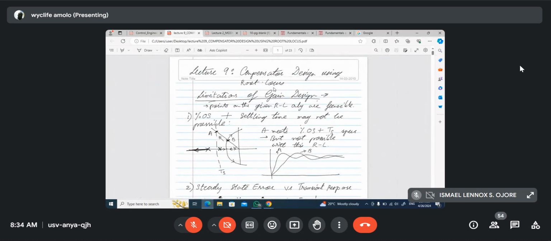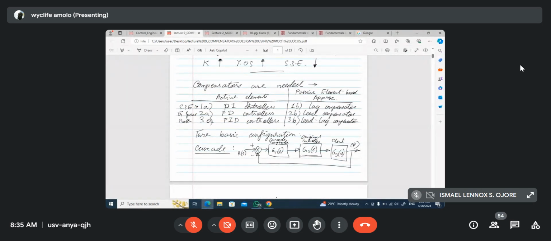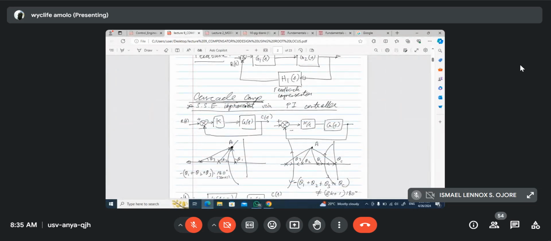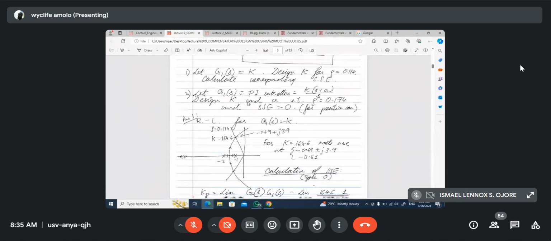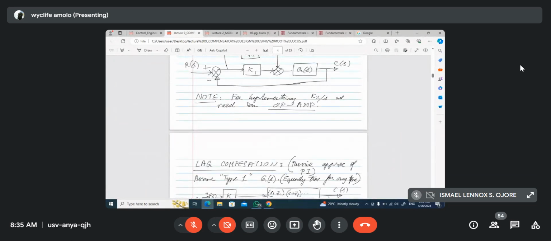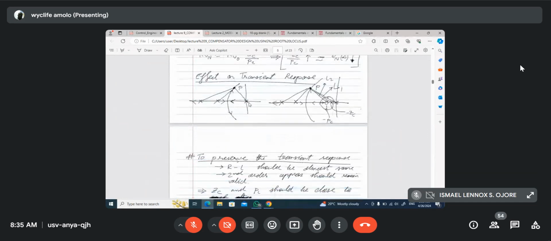This time I gave you these notes on compensator design using root locus, but the reason why I was giving you this is just to show you the compensators.